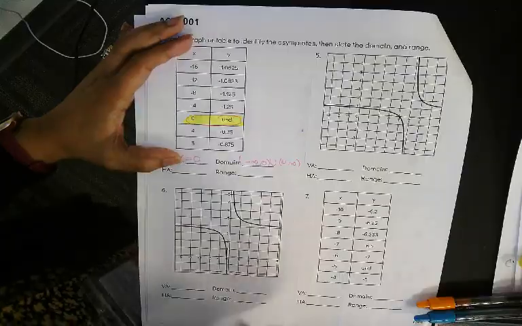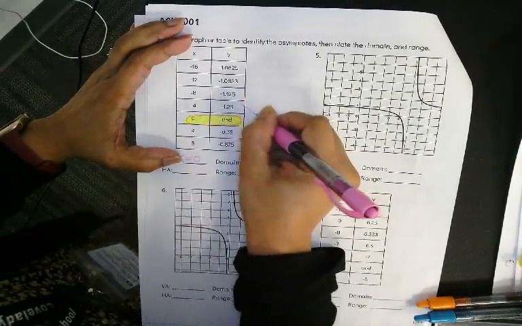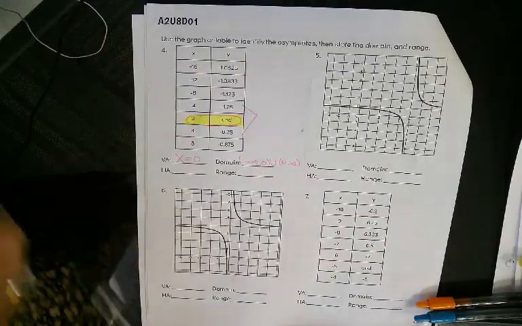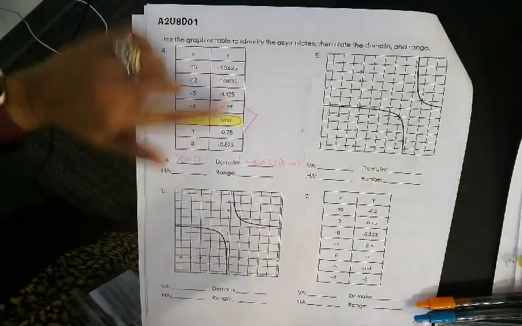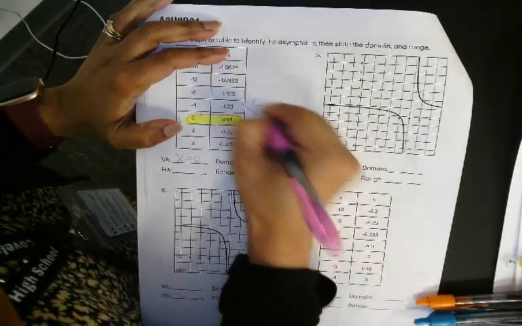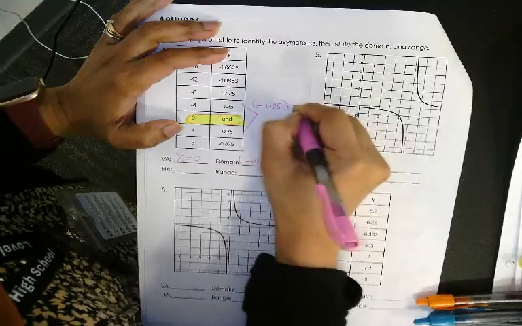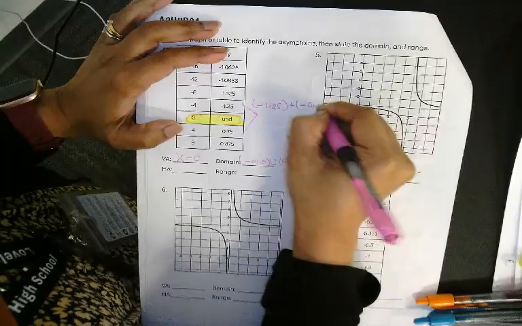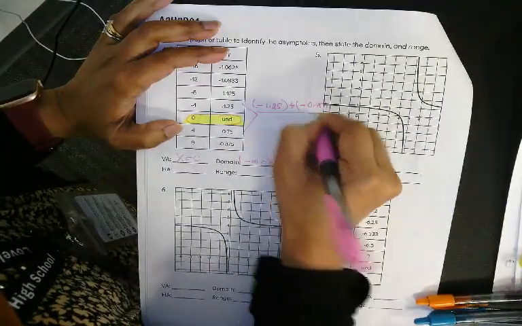For the horizontal asymptote, we have to take the top point and the bottom point, whichever is giving you the undefined value. We're going to take the y values from here and add them. So negative 1.25 plus negative 0.75 divided by 2. See what you get?